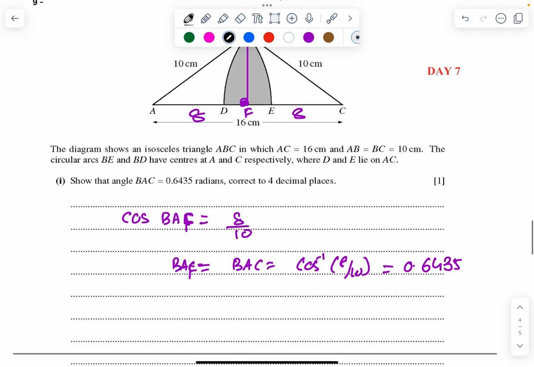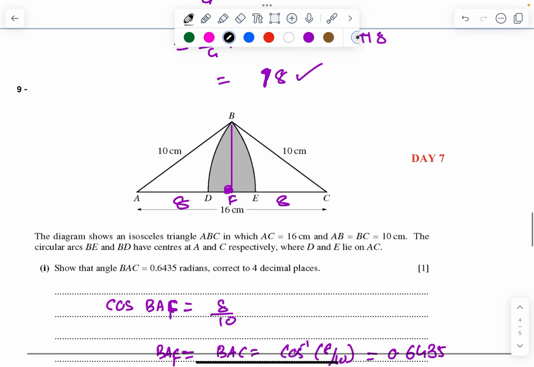Next, find the area of the shaded region. So what am I going to do? Area of the shaded region. I will be taking area of the triangle, then area of the sector.